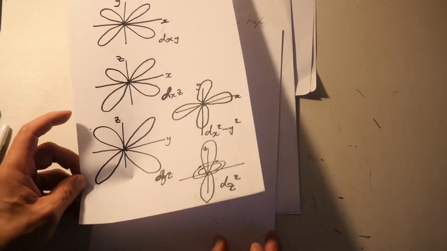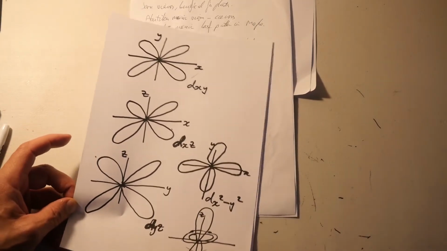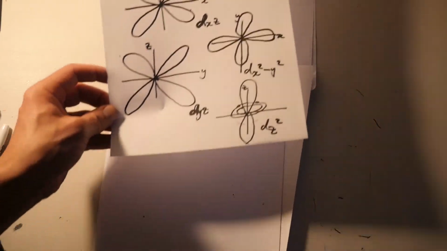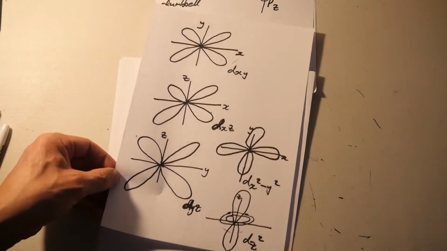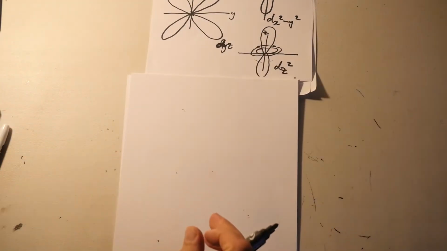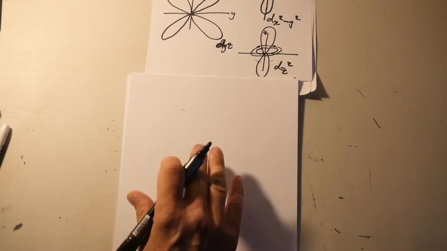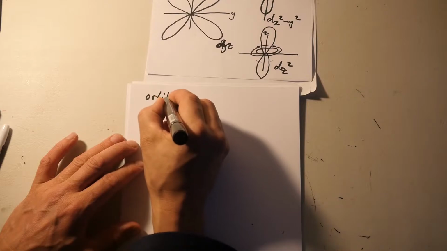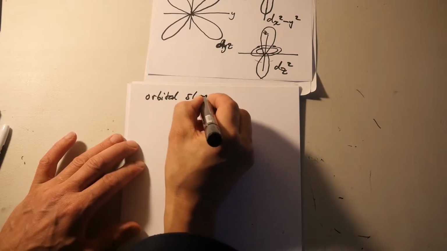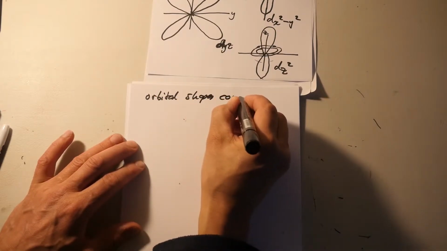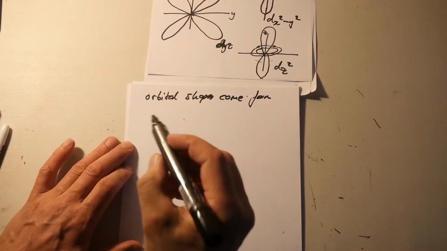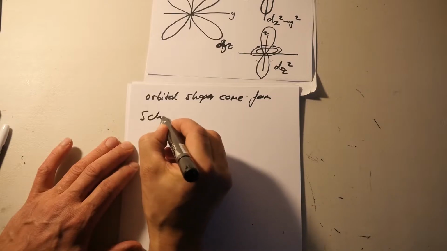When I was studying at college 30 years ago, I remember the teacher being completely baffled at how anybody could think of this stuff. I learnt later in my degree how this is all derived. These orbitals come from the Schrodinger wave equation.